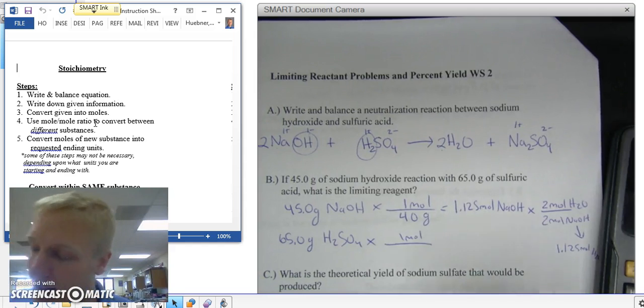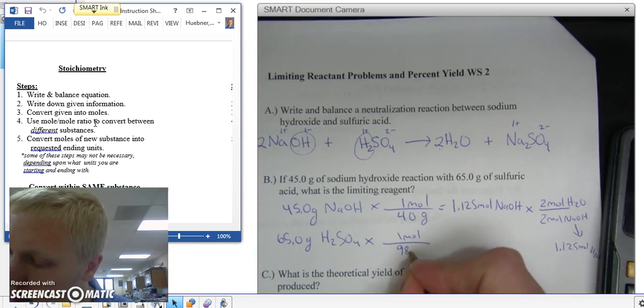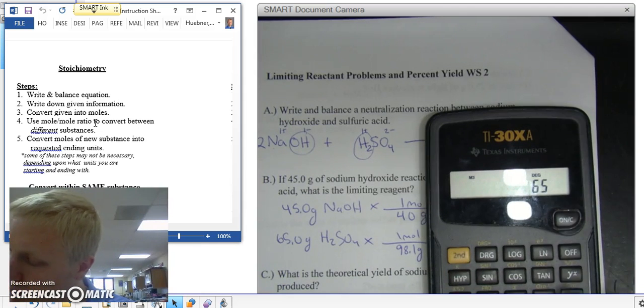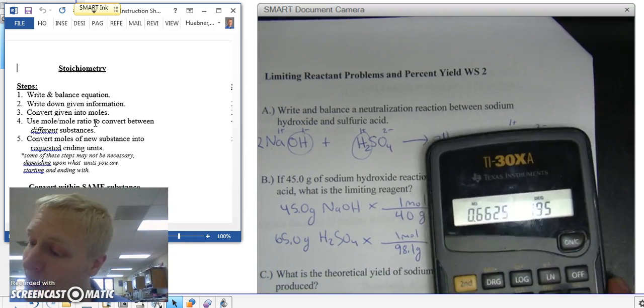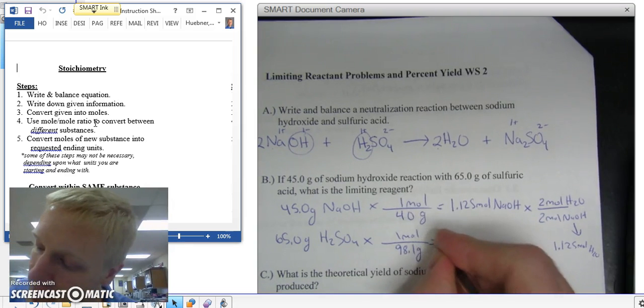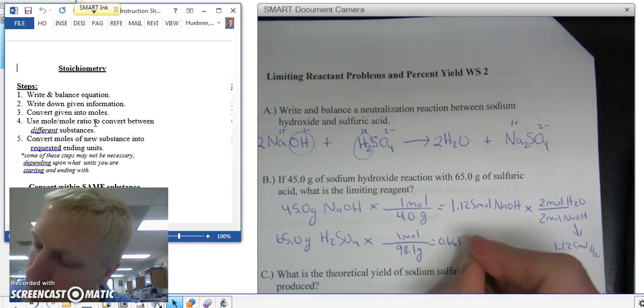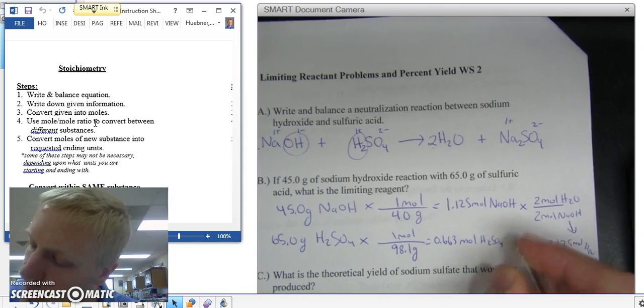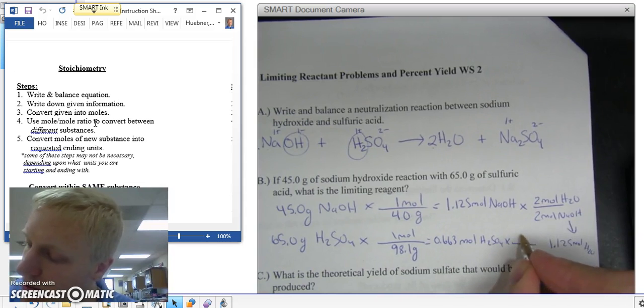So I was off by a tenth. 65 divided by 98.1 gives me 0.66. Well, let's do 3 sig figs on that one: 0.663 moles of H2SO4.